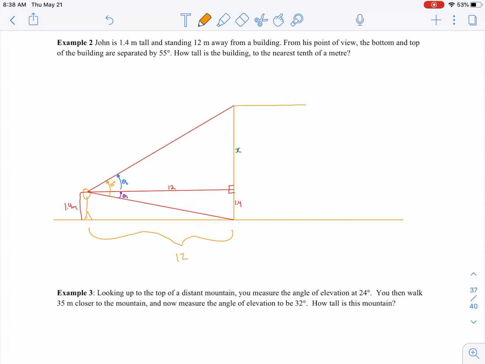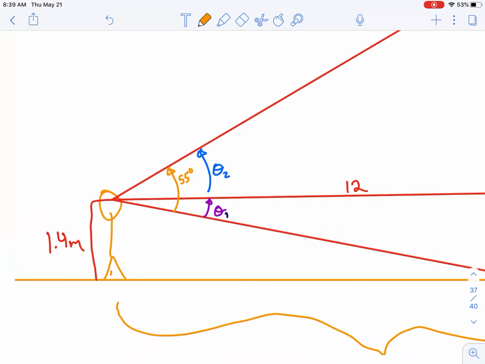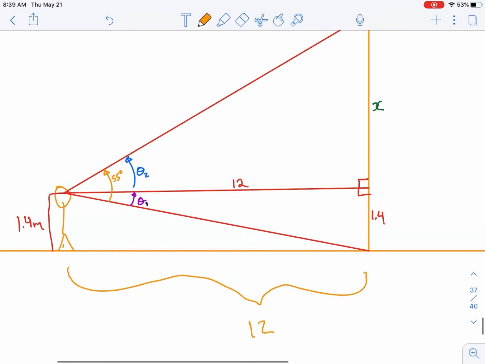So here's a wonderful picture of my building. And the view from the top to the bottom of the building is separated by 55 degrees. So this full angle measurement is 55 degrees. I've divvied it up into theta 1 and theta 2, because I'm going to divvy that 55 degrees up into 2 different angles, but the full thing is 55 degrees.